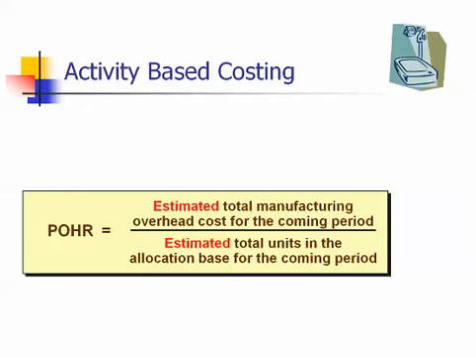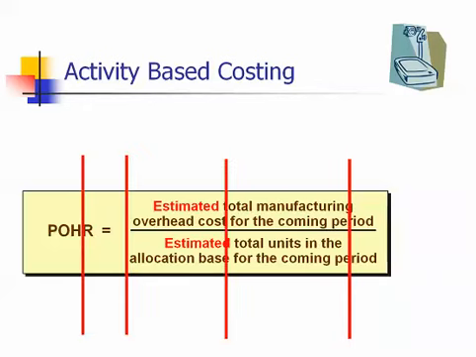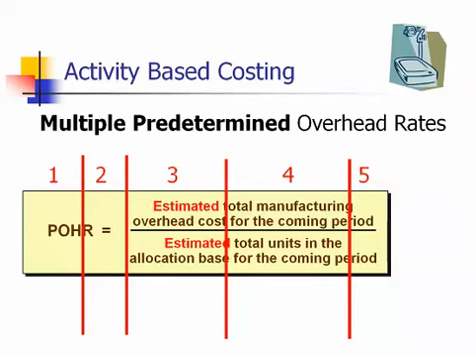Rather than using a single overhead pool, we will slice our overhead pool into multiple segments and allocate overhead costs with each of the smaller cost pools using separate activity bases. This results in multiple predetermined overhead rates, what we often call activity rates.